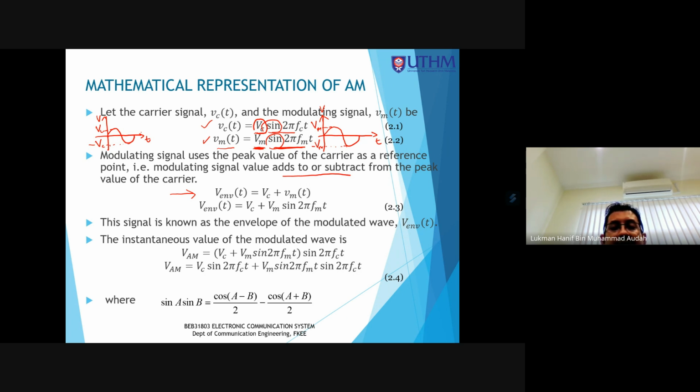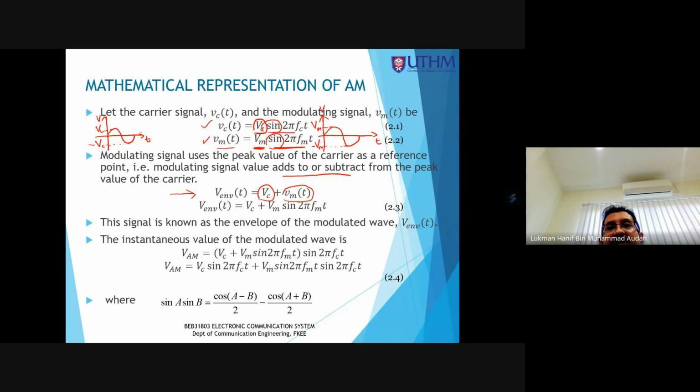So class, if you see from these equations, the small letter, like VM(t), is a function, whereas the capital letter is for a constant.